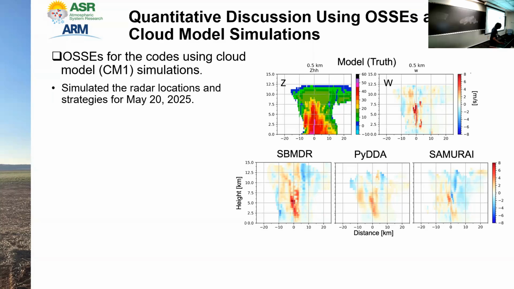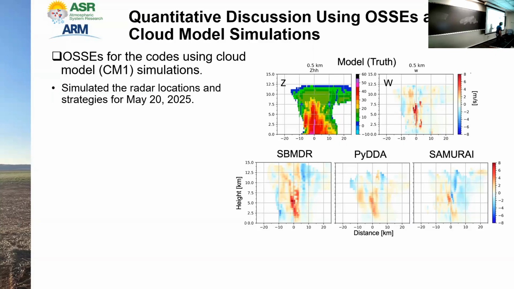The top 2 plots show the vertical cross-section of radar reflectivity and the W from the model, which is the truth in this experiment. The bottom 3 plots show the simulated retrieval from 3 codes. The left-hand side is our code, the middle is PyDDA, and the right is a summary code processes.